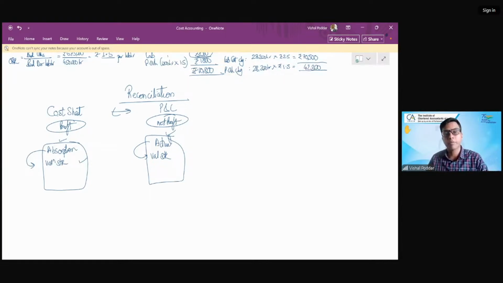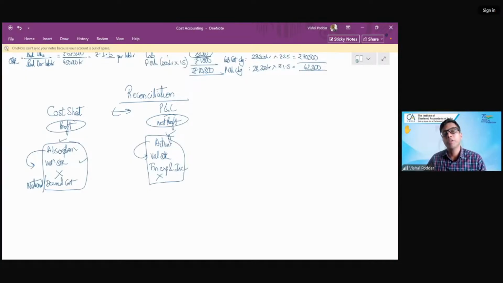So the second difference-creating item is this. Then there are certain items like financial expenses and financial incomes, which will never find place in cost sheet. And there are certain items in cost sheet like deemed cost or notional cost, which will again not find any existence in accounts because accounts only consider actual.